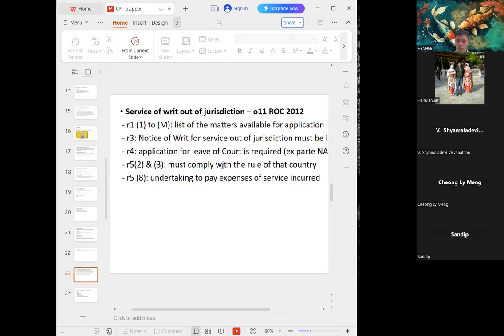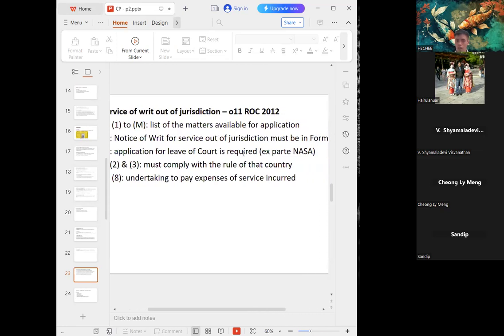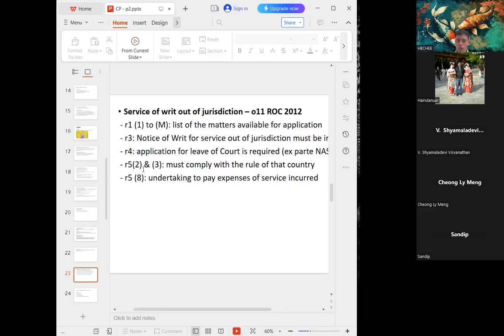Rule 4 states that the application for leave of court is required, and how to apply ex parte. Rule 5, 2 and 3, you must comply with the rule of the country, like how to effect service and what you should be aware of. They will give you one. Rule 5, Sub 8, undertaking to pay any expenses of service incurred.